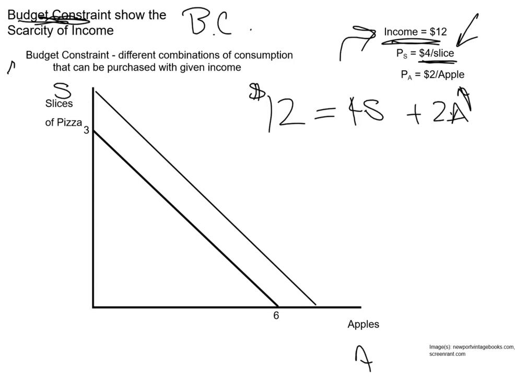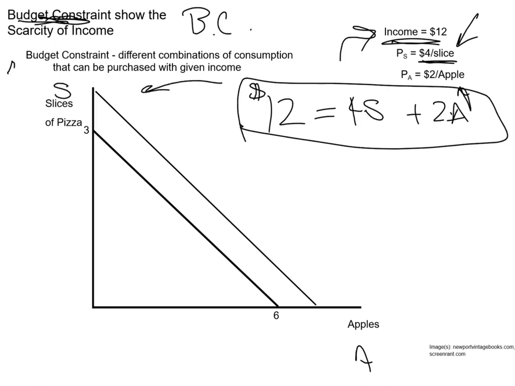They should, right? But notice, if we want to convert this version of the budget constraint into an equation that describes this budget constraint line to the left, in the form of y equals mx plus b, we want the thing we're measuring horizontally or vertically to be the thing on the left. S, we want to get S alone on the left-hand side. So let's push that to the left-hand side and push the 12 to the other side.